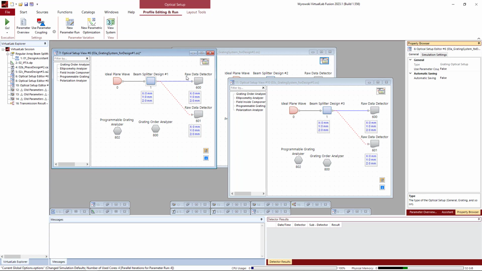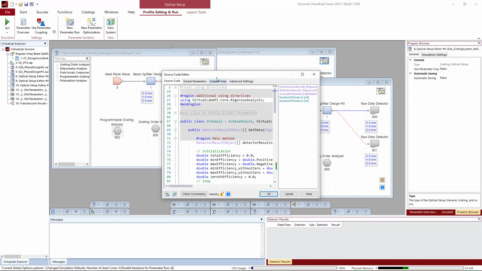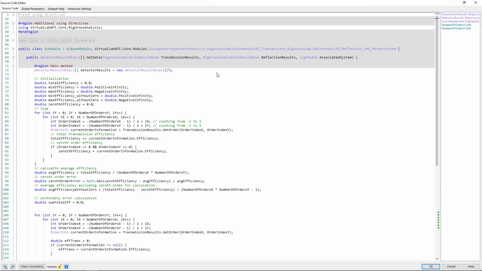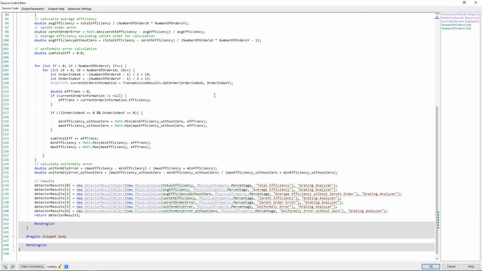And now for the analysis of the performance of my designs, I want to use a certain set of merit functions that do not come inbuilt with VirtualLab Fusion. So what we have done here is we have used a programmable grating analyzer to calculate, on the basis of the rigorous results of the FMM or the RCWA, the merit functions that we need in order to judge the performance of our element.